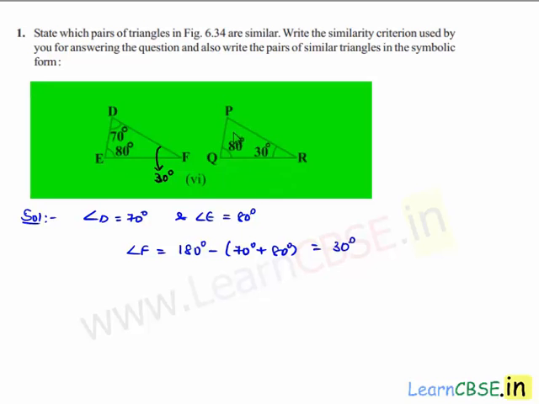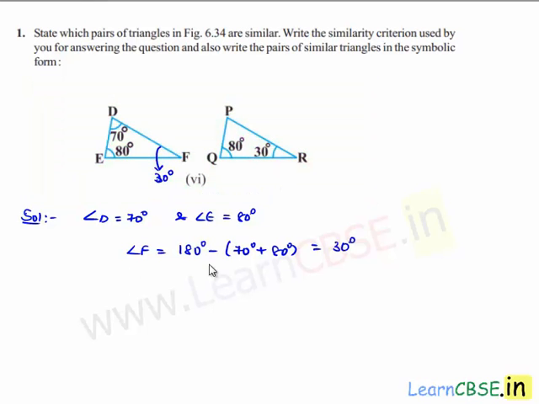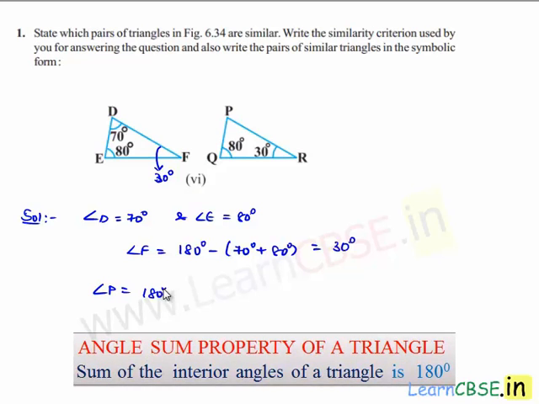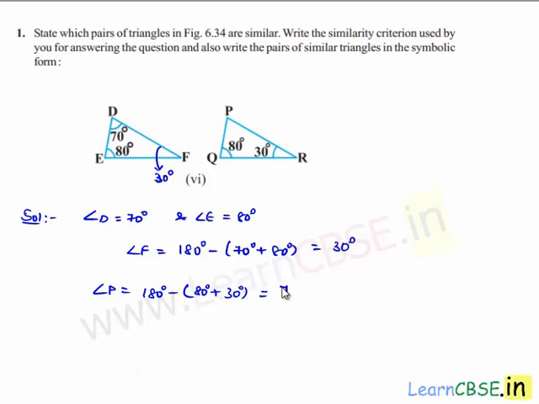And in triangle PQR, we know that sum of angles is equal to 180 degrees. Here the angles Q and R are given. So let us find angle P is equal to 180 degrees minus sum of two angles, that is 80 degrees plus 30 degrees, which is nothing but 70 degrees. So here we got angle P as 70 degrees.